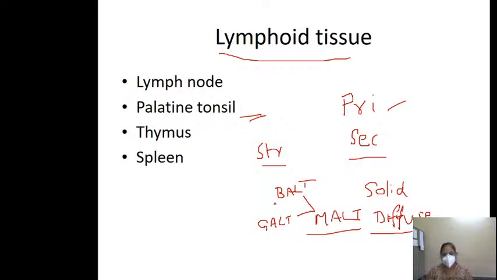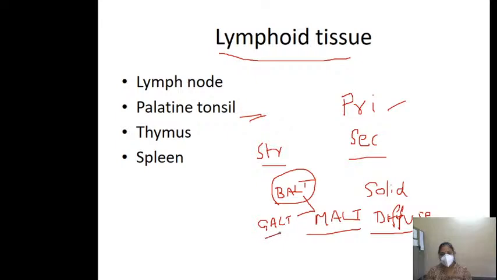So with BALT, when you have seen the lung tissue, beneath the bronchi we see solitary lymphoid follicles, aggregations of lymphoid tissue as lymphoid follicles. This type of tissue we call BALT.